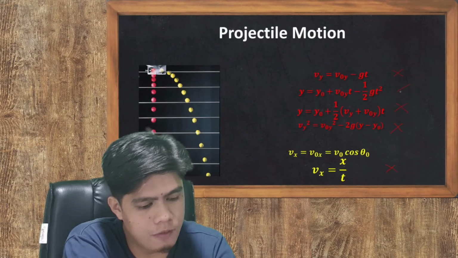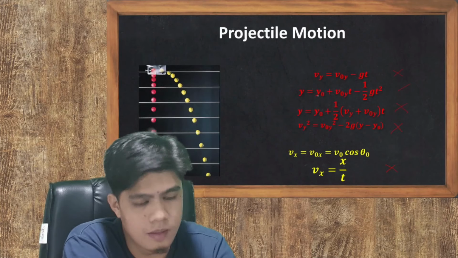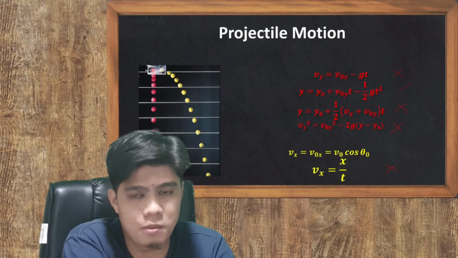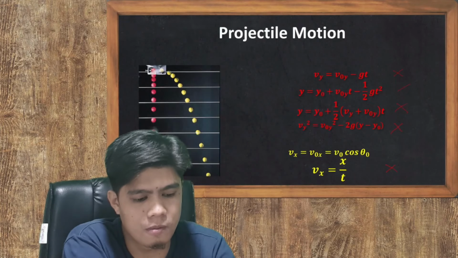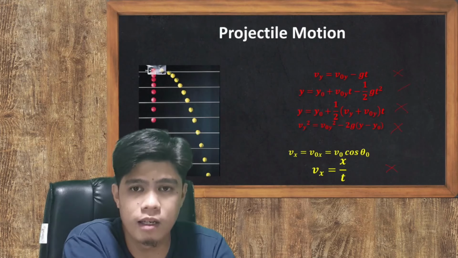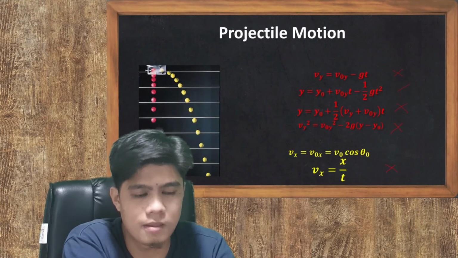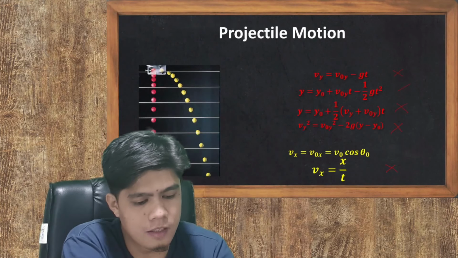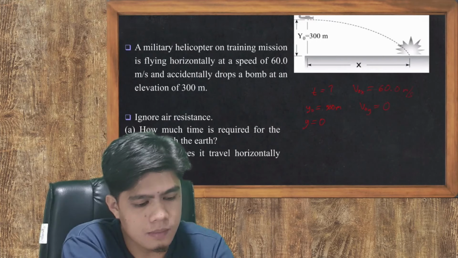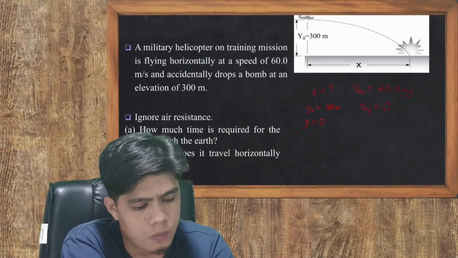So we are only left with this equation because we are given initial position y, final position y, and initial velocity along y. So we are not given final velocity y.